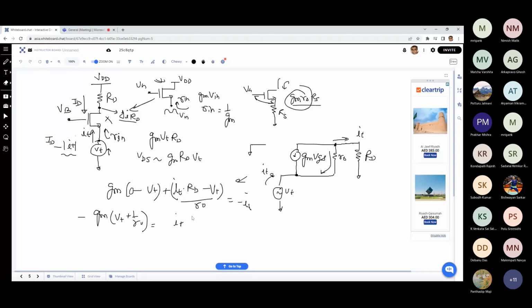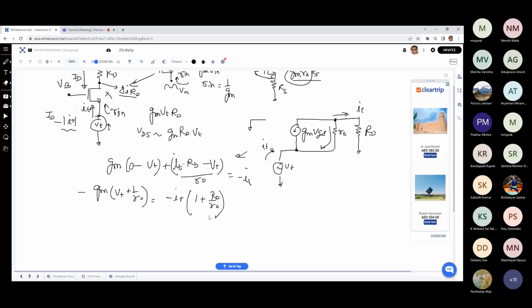So I get 1 upon RO times, with RD also coming into the picture, RD. So this is what you are getting. Now I can find out what is my... sorry, VT is... basically I have to take the VT out.